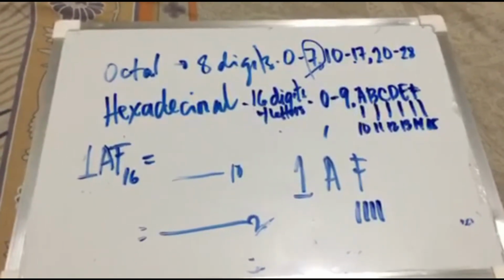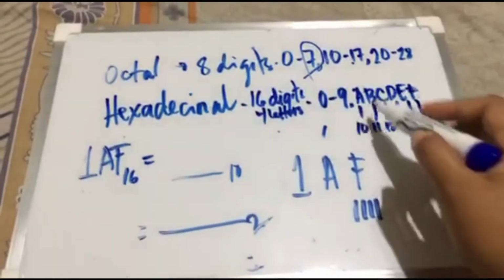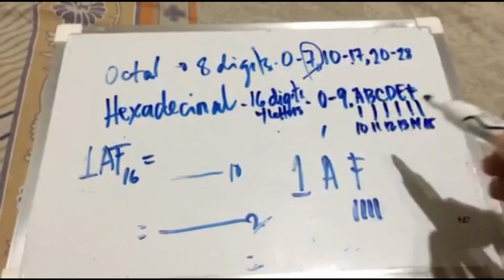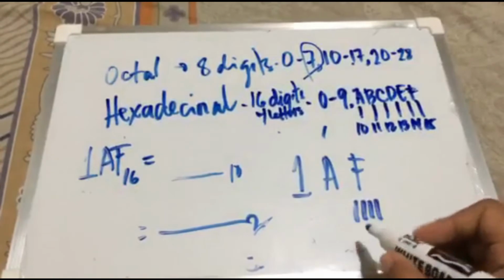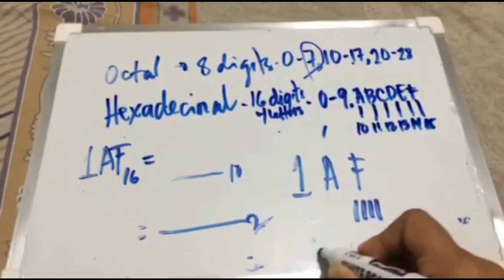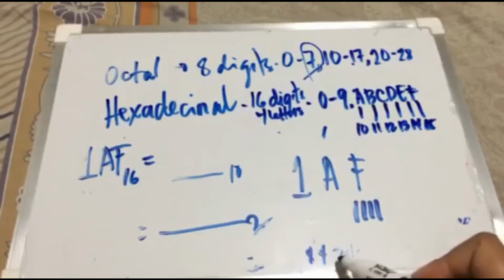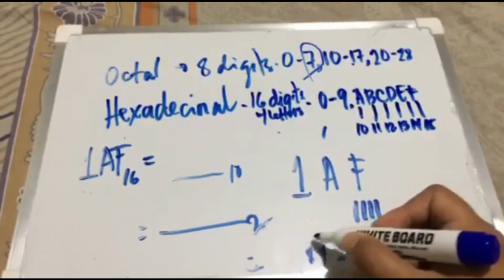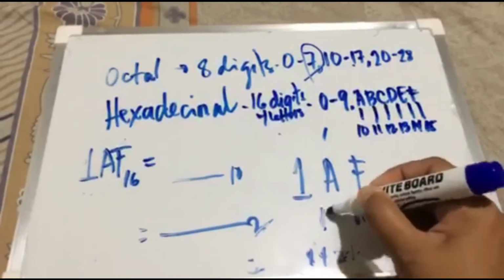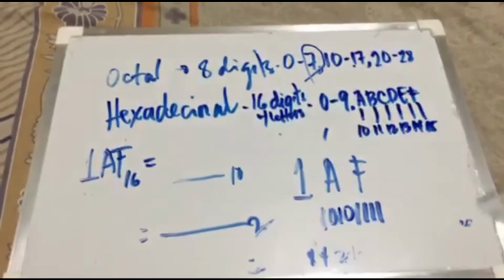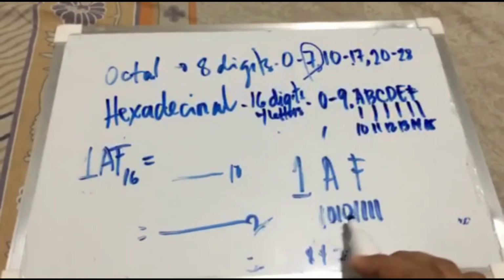A is equal to 10. So positional notation 1, 2, 4, 8. We have 8 plus 2, which is 10. So we have the number 1010. So that is equal to 10.